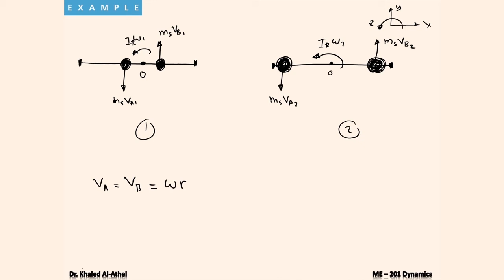Now let's start with the conservation of angular momentum around the center. I'm going to say H_O1 should equal H_O2. Let's look at H_1. I have two spheres, so I'm going to multiply everything by 2.